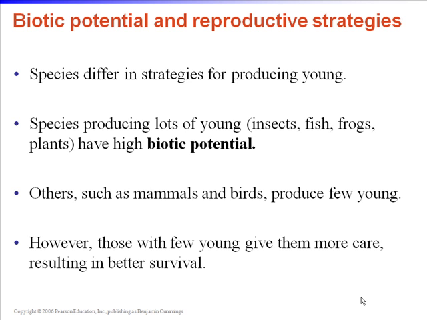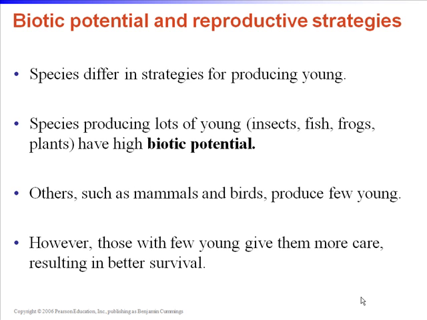Species producing a lot of young, examples like insects, fish, frogs, and plants, have high biotic potential. Those organisms have a lot of offspring and very little parental care. Others, such as mammals and birds, produce very few young, but they give them a lot more care.